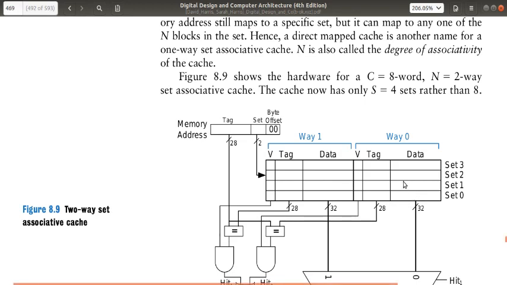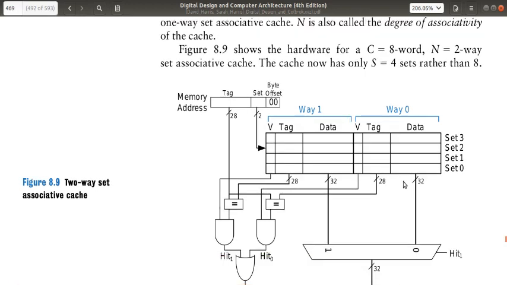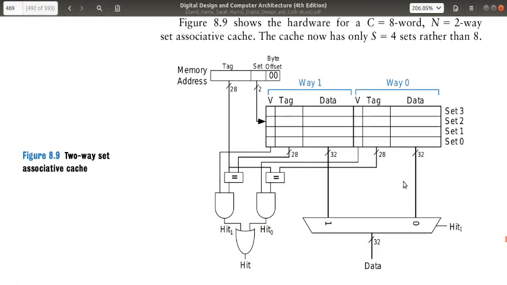This is the way this cache memory, that is a two-way set associative cache, is arranged. And here, suppose a data word has to be stored in the cache.